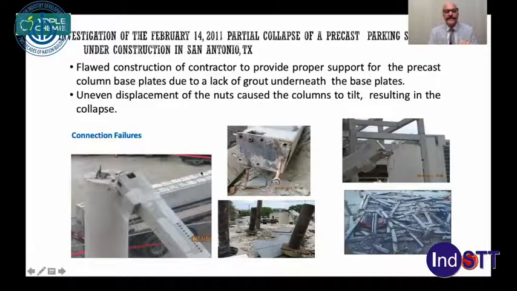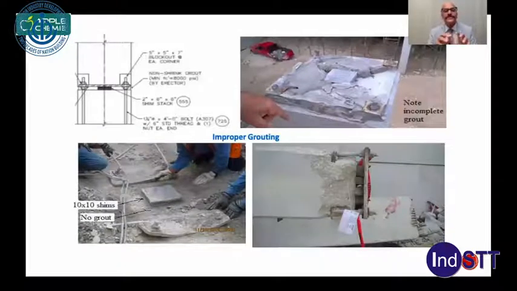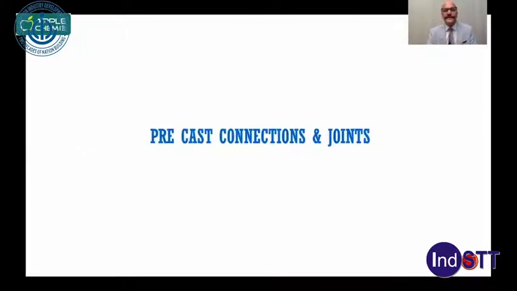Be it in the column, at the base plate, or even the PV structure, everywhere they were in the joints only. This tells us that we need to focus and be more careful at the joint when you are talking about precast technology. This is a typical scene where we noted that improper grouting was done at the joints and the joint plates.